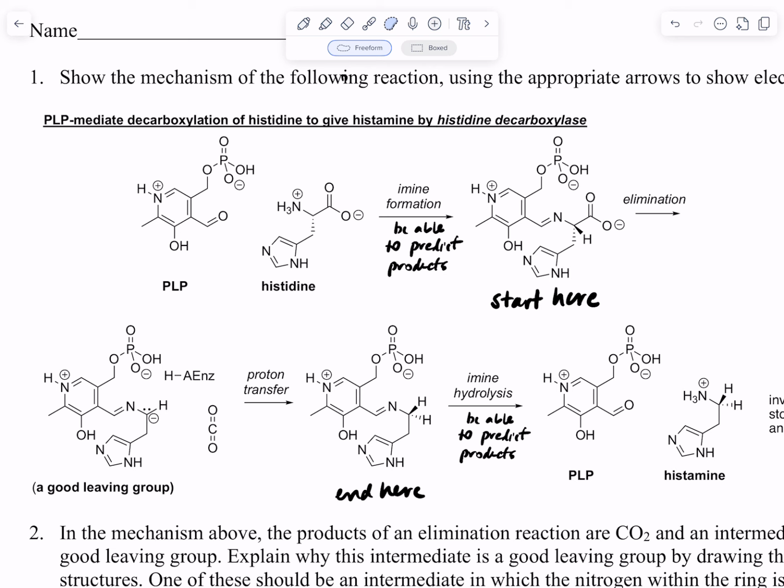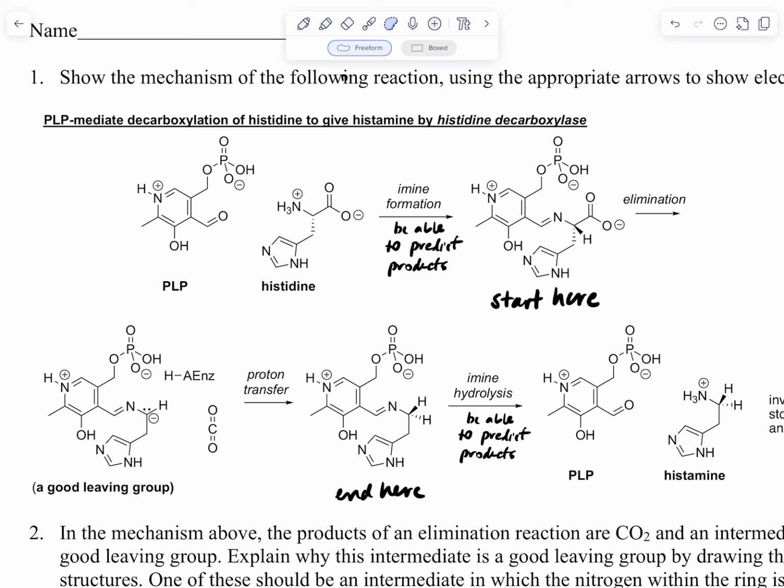Okay, there have been a couple of questions. One is somebody asked, at the stage of imine hydrolysis, which doesn't ask about the mechanism, folks notice that PLP comes back as itself with the oxygen on the carbonyl carbon and the nitrogen still on histamine. Yesterday, when we used PLP, that didn't happen.